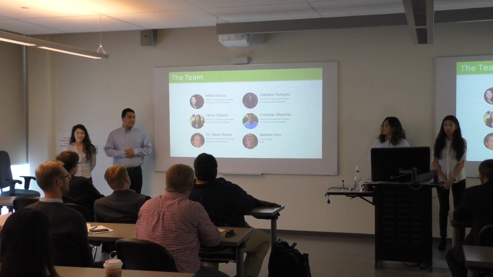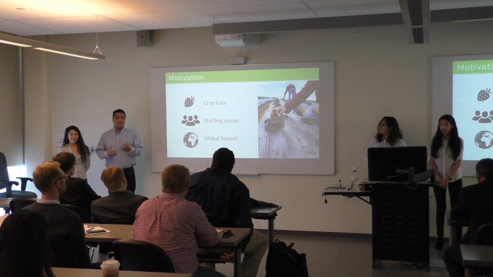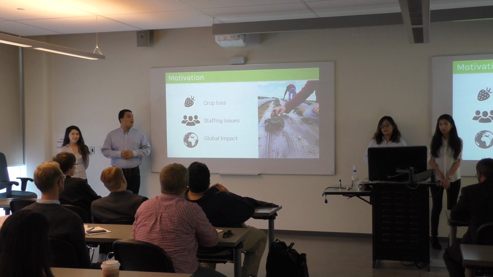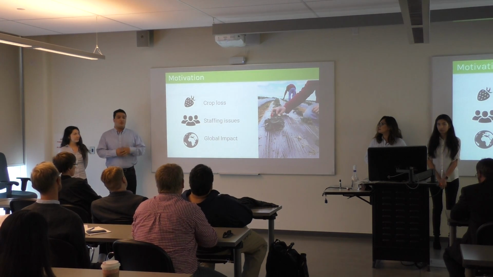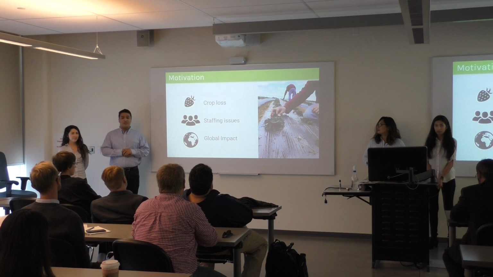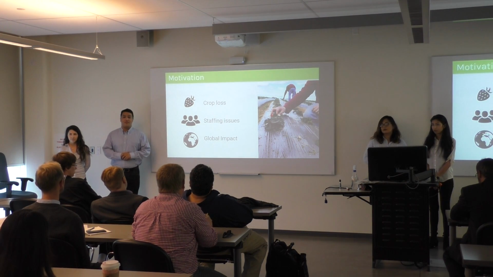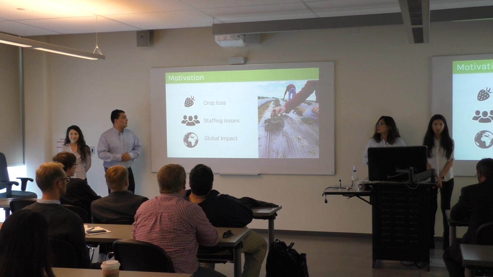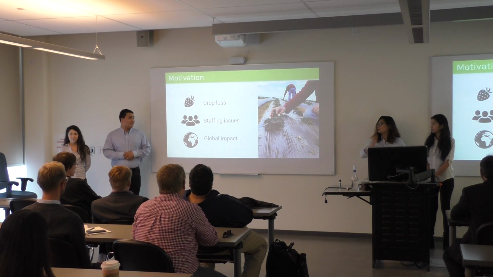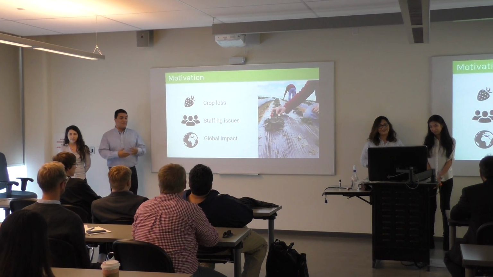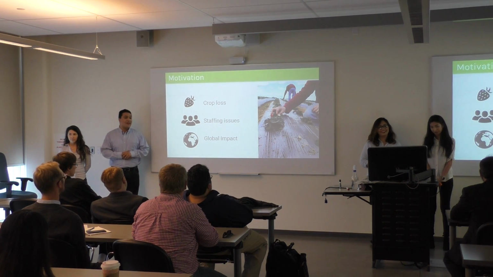Food Origins is a company working towards taking data science to agriculture, and the motivation for our project was to reduce crop loss. It is said that by 2050, we will have 9.7 billion people in this world, and we will need more food to keep everybody alive. So crop loss is a big problem in the agricultural industry.